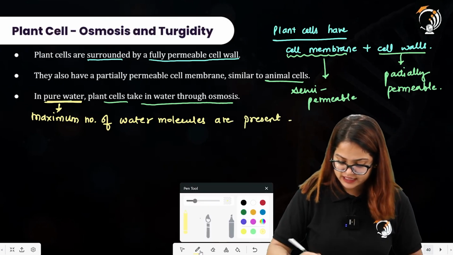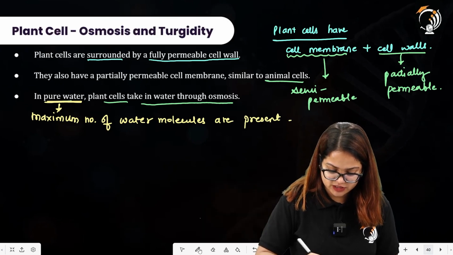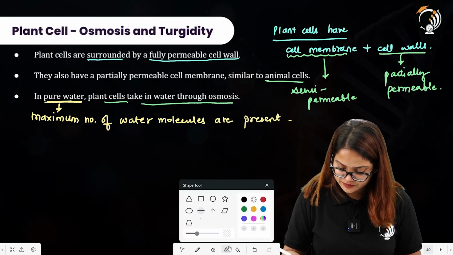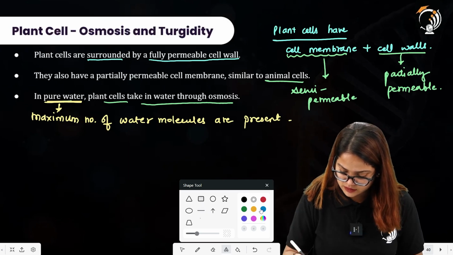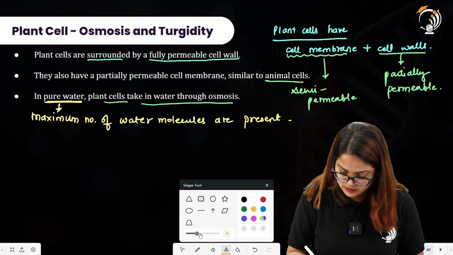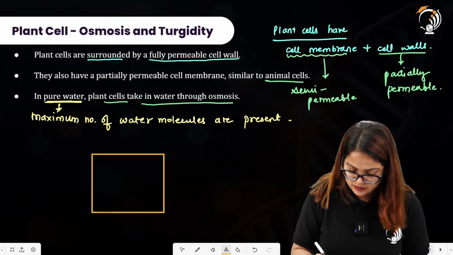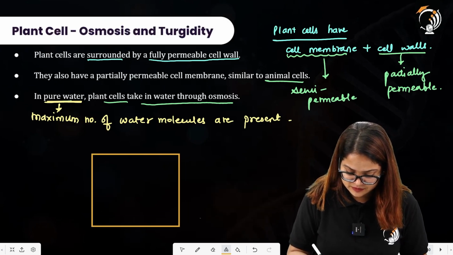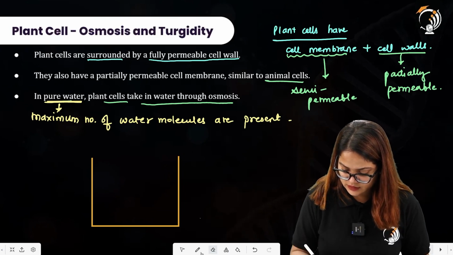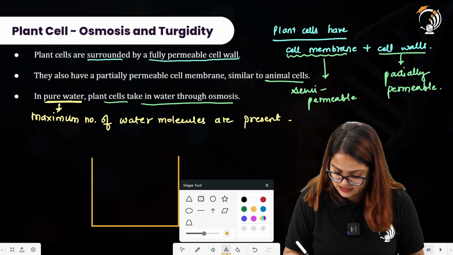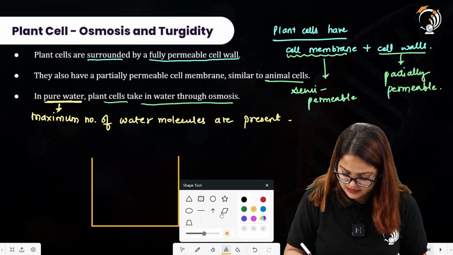So let us take an example over here. We have this beaker, all right, in which we have placed this plant cell here.